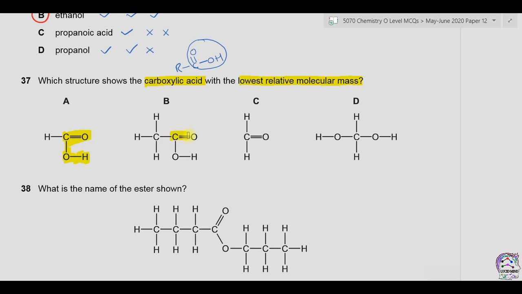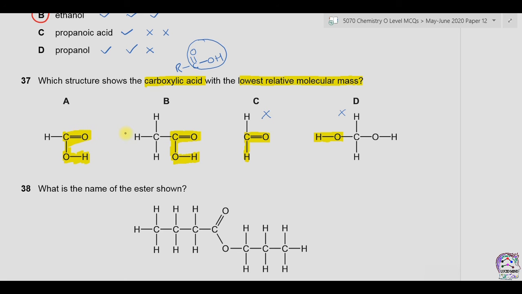In B we have C double bond O OH. This is also carboxylic acid. In C we have carbonyl carbon and hydrogen, so this is not carboxylic acid. In D we have OH group attached, so this is also not carboxylic acid, it is alcohol. So C and D are incorrect.